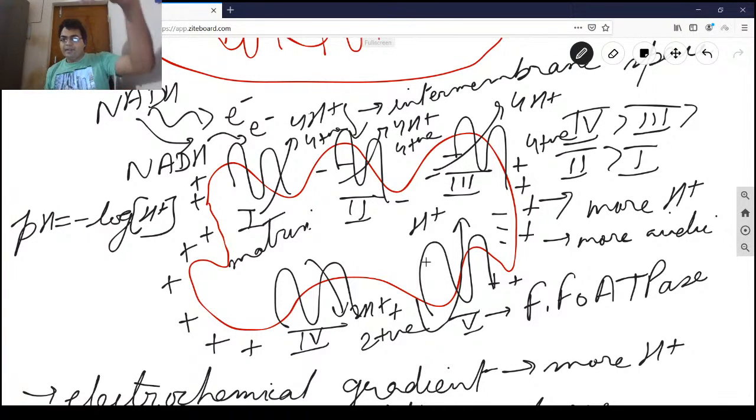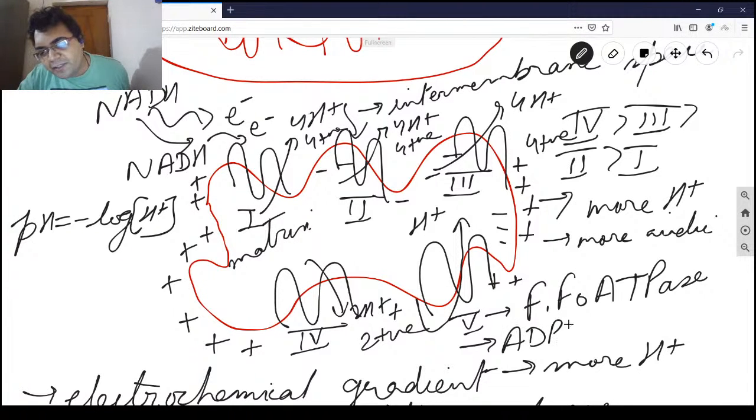One H plus goes through, and due to the energy derived from the influx of the H plus from higher concentration to lower concentration, coming down its concentration gradient, some potential energy will be released, and that potential energy will be harnessed to cause the phosphorylation of ADP.